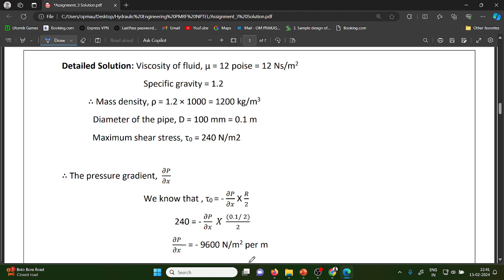Gradient means what? As your fluid is moving in the forward direction, that is x direction, if we are talking about one dimensional, how the pressure changes. So the formula is what? Your tau naught, that is the maximum shear stress, is equal to minus rate of change of, that is the partial derivative of pressure with respect to x, into r by 2.